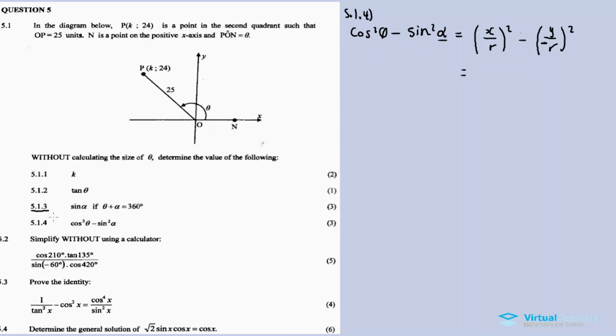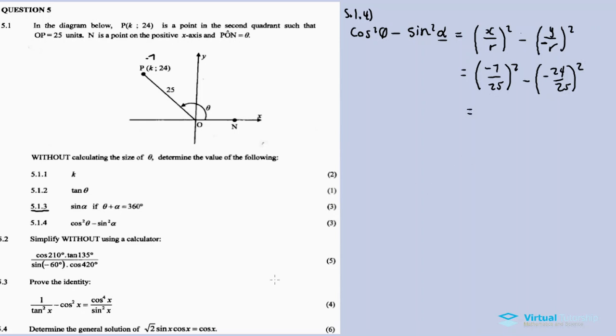Remember on the previous question we got a negative answer. Open bracket, x we calculated as negative 7, so it's negative 7 over r, which is 25, squared, minus, open bracket, negative 24 over 25. On the previous question we calculated sine alpha, right?